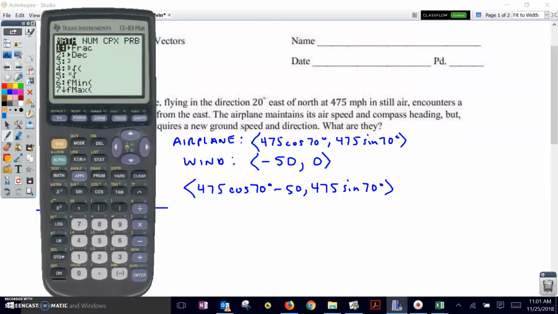Alright, am I in degree mode? Yes. Alright. So I've got 475 cosine of 70 minus 50, which gives us 112.460.